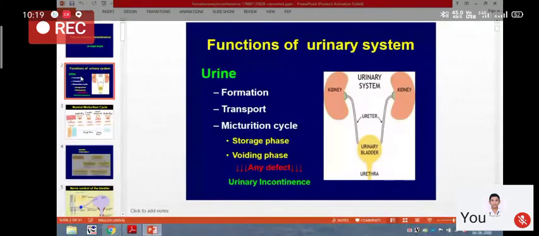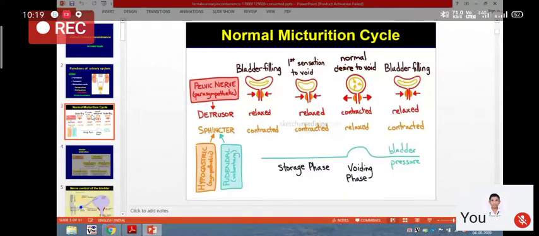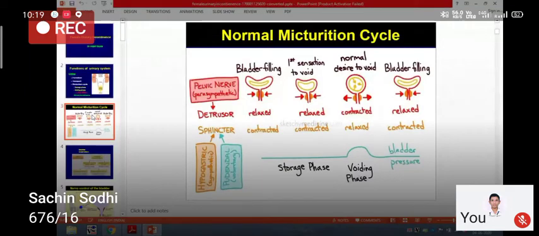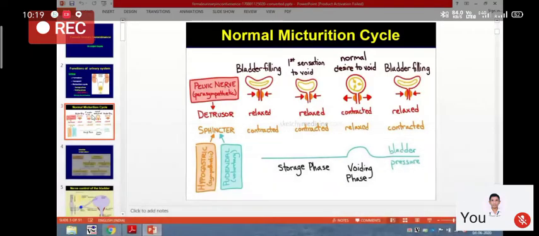So I have already told you that micturition basically involves a storage and voiding phase. In the normal micturition cycle, as I have told you, parasympathetic is responsible for the detrusor contraction while the sympathetic nervous system, that is hypogastric and pudendal, is voluntary.